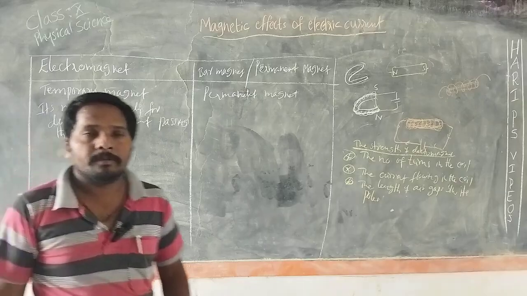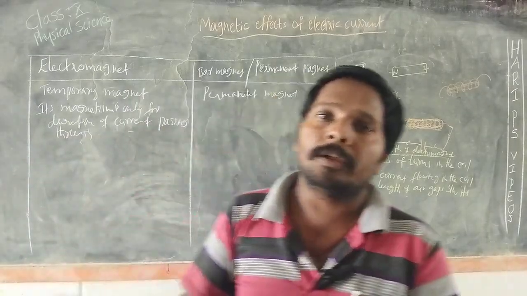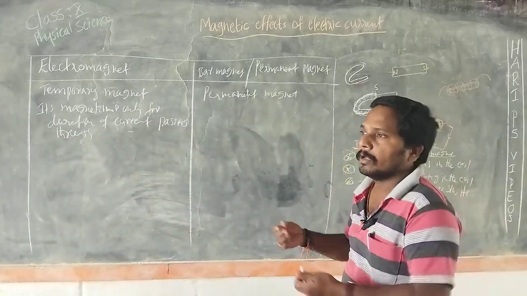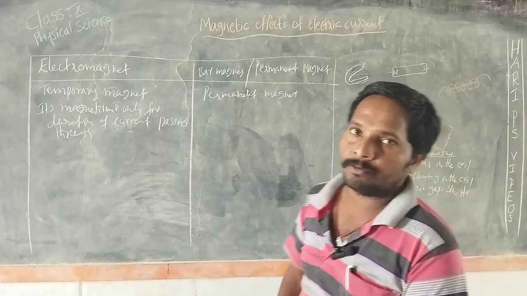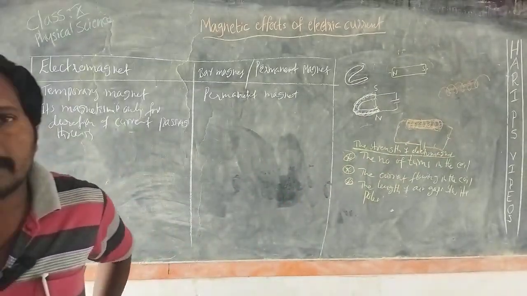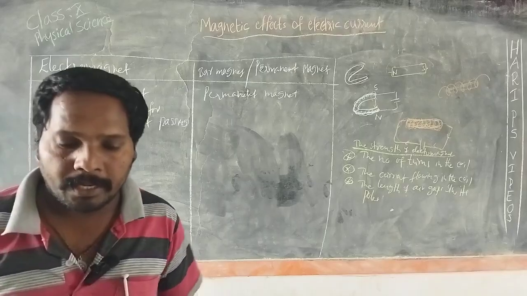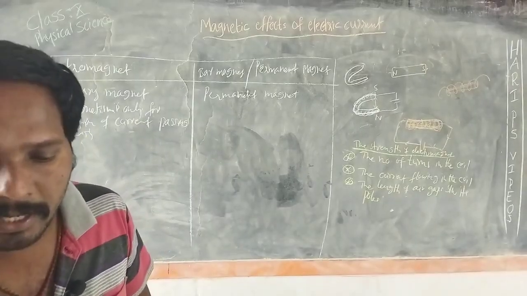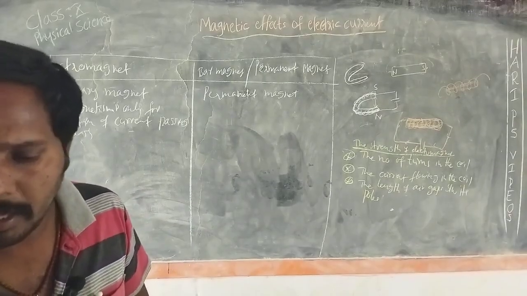Whenever we want the electromagnet, we can get it by passing electric current. If we don't want it, we immediately switch it off. So we can switch on and switch off the magnetism in a temporary magnet by switching the electric current on and off.